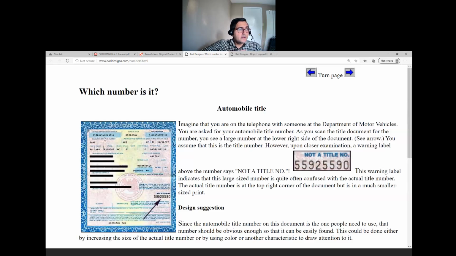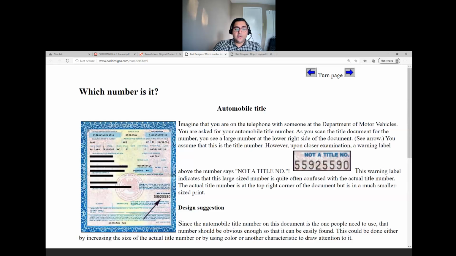Another example is the certificate of title for your automobile. If you look at this document, there are so many things mentioned here. Imagine that you are on the telephone with someone at the Department of Motor Vehicles and you have been asked to tell the automobile title number. You see there are lots of numbers.